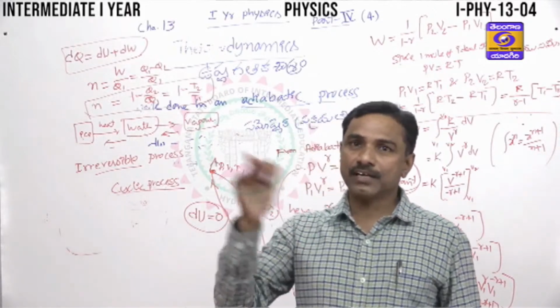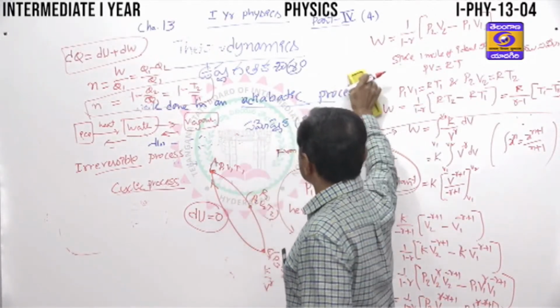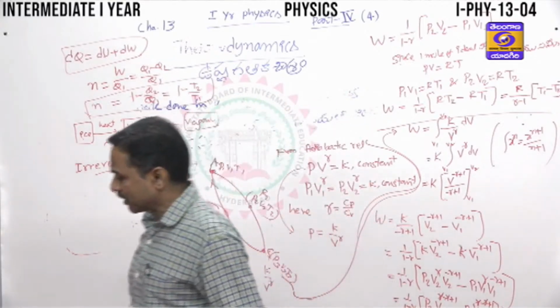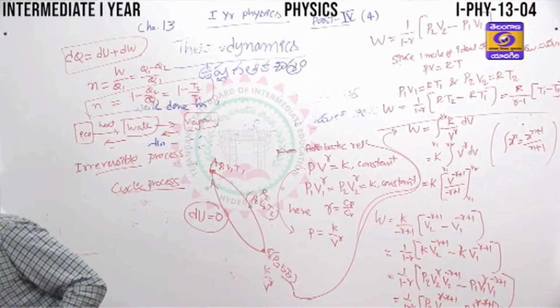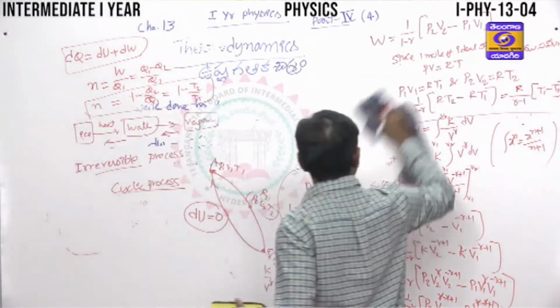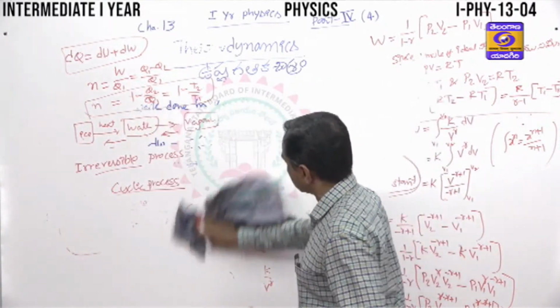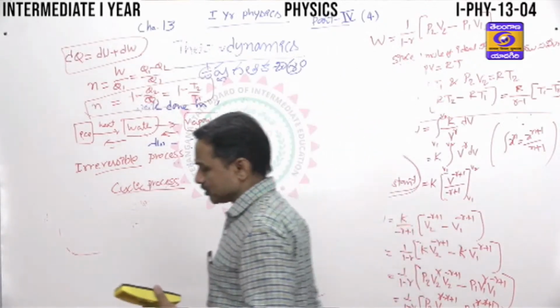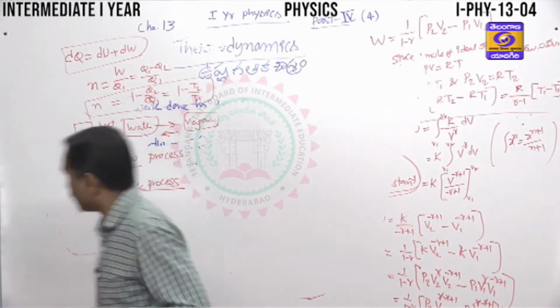So the second law of thermodynamics says it is impossible to construct a heat engine with 100% efficiency. To put it in a simpler manner, it is impossible to design or construct a heat engine having 100% efficiency.